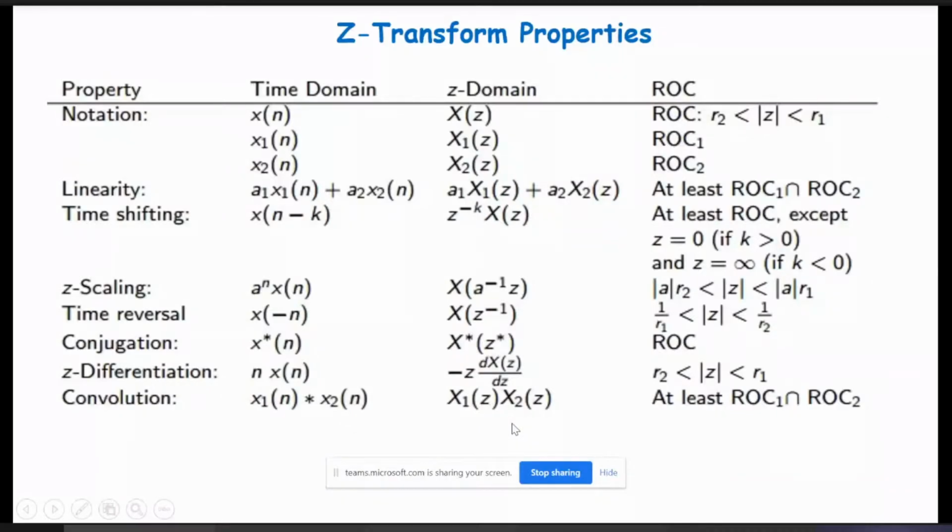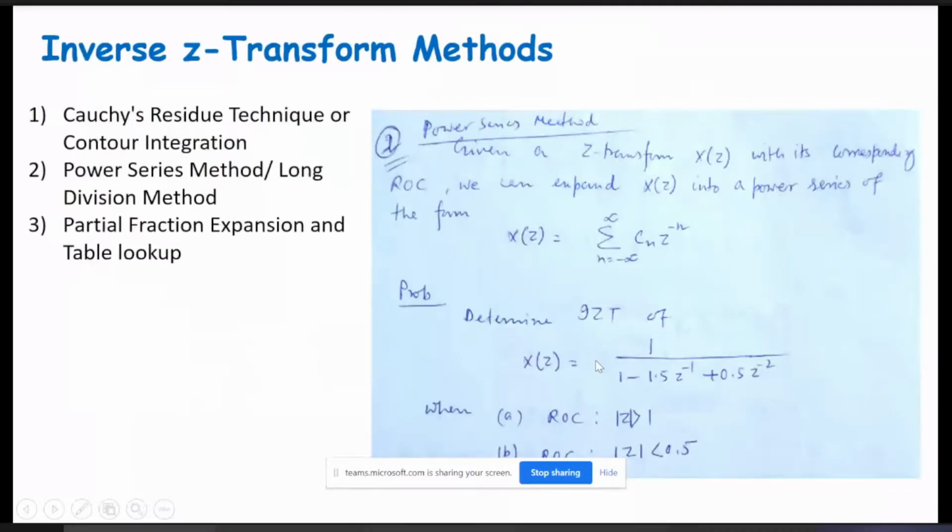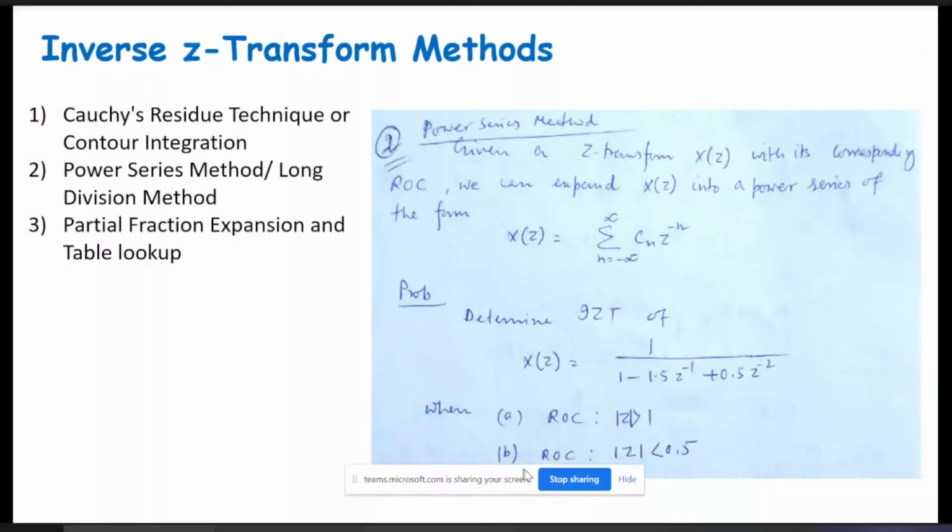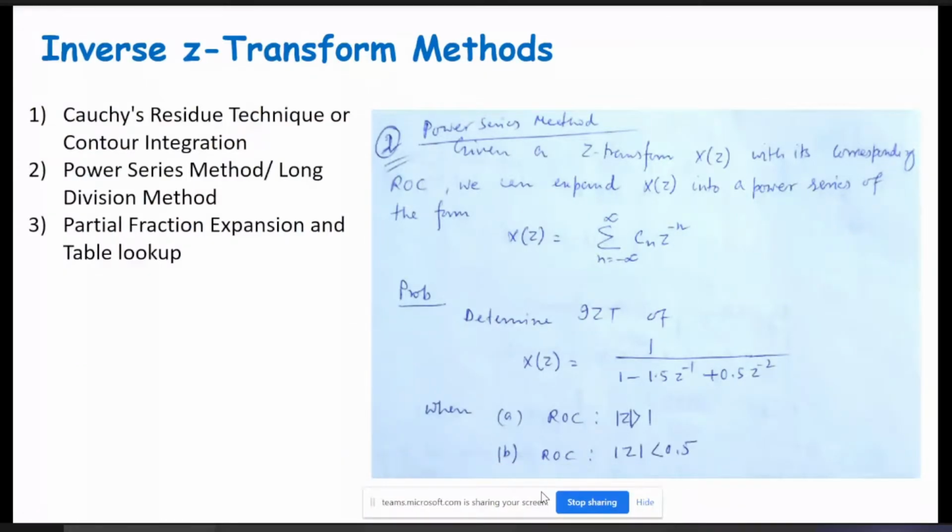So now let us do the inverse Z transform. There are three methods. One is Cauchy's residue technique or contour integration, then power series method or long division method, and third is partial fraction expansion and table lookup.